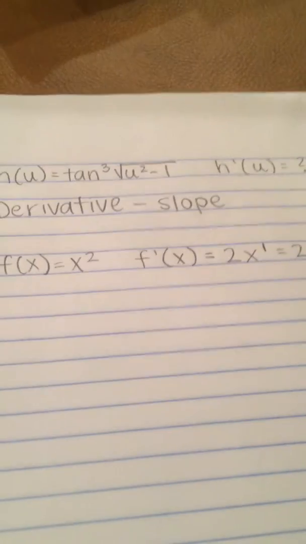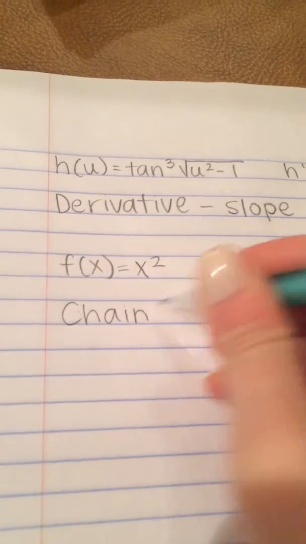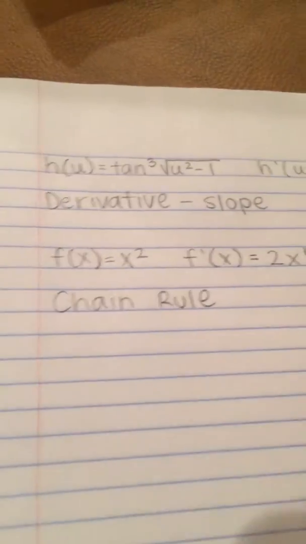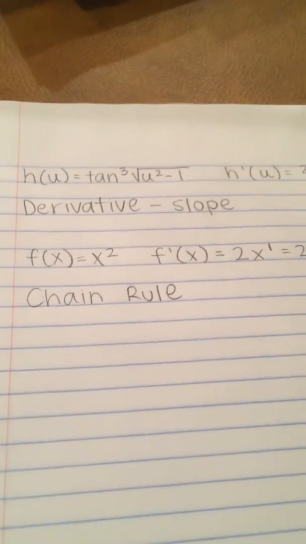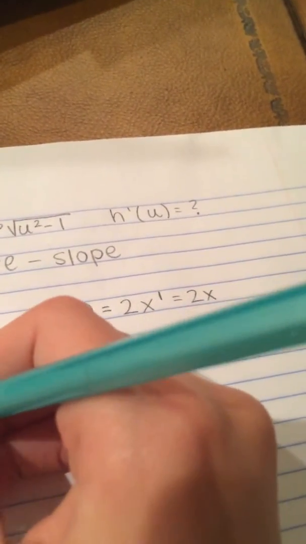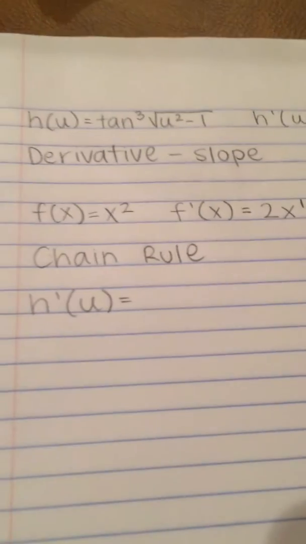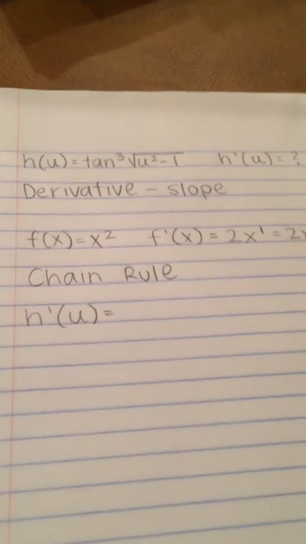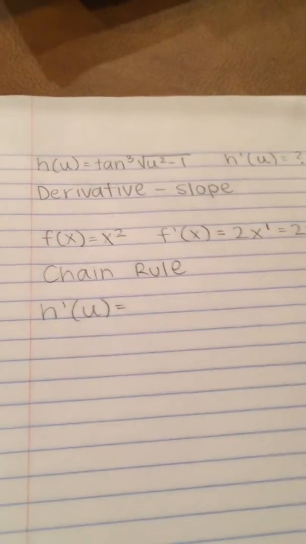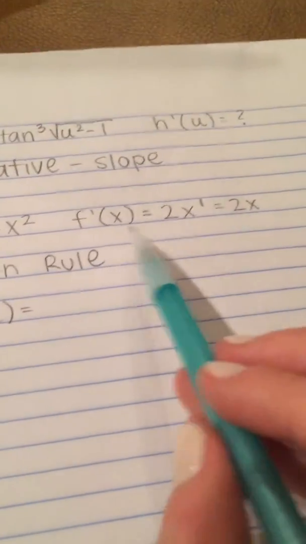What the chain rule basically does, here let me write down, chain rule. I like to work from the outside in and start with the biggest, most broad function and then slowly work my way in. So let's start with the tangent of the square root of u squared minus 1, all of that cubed. If we just isolate that function, we can do it like we did this one.